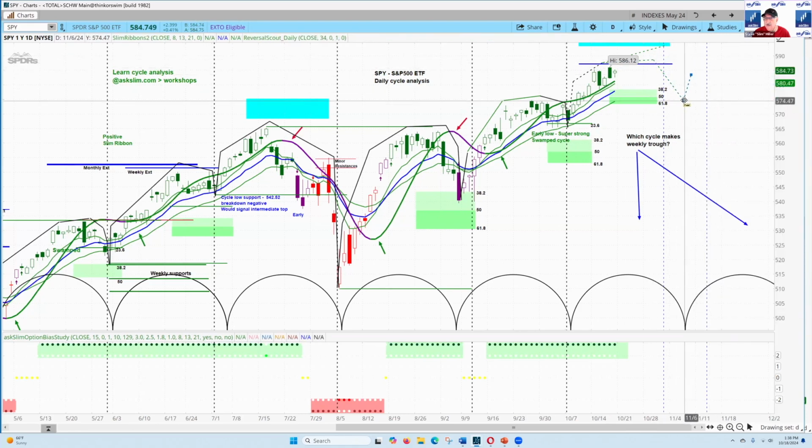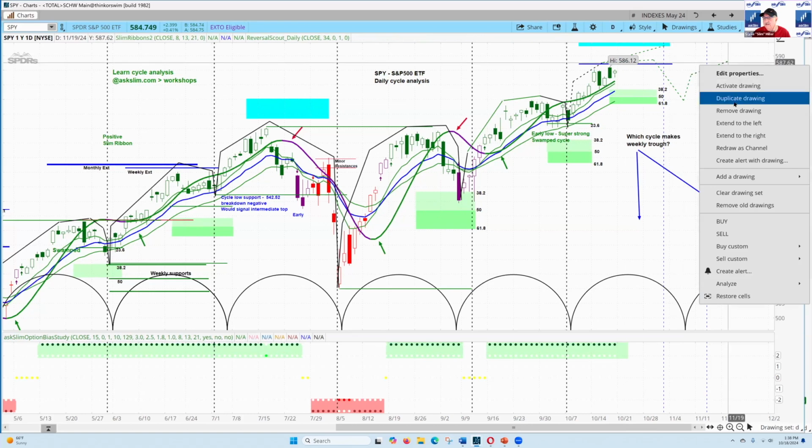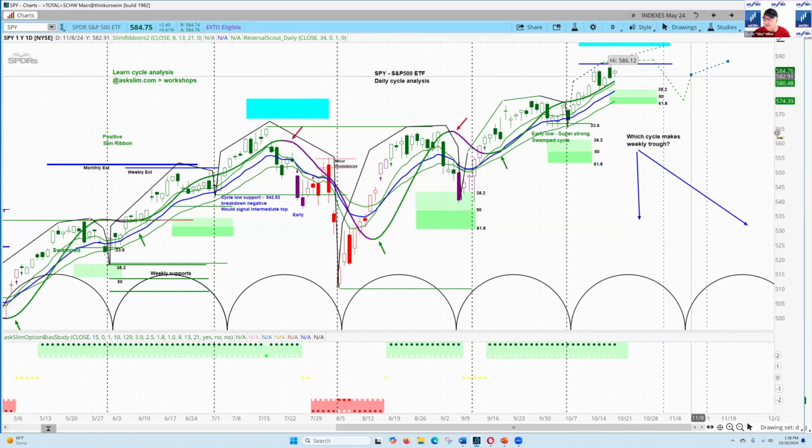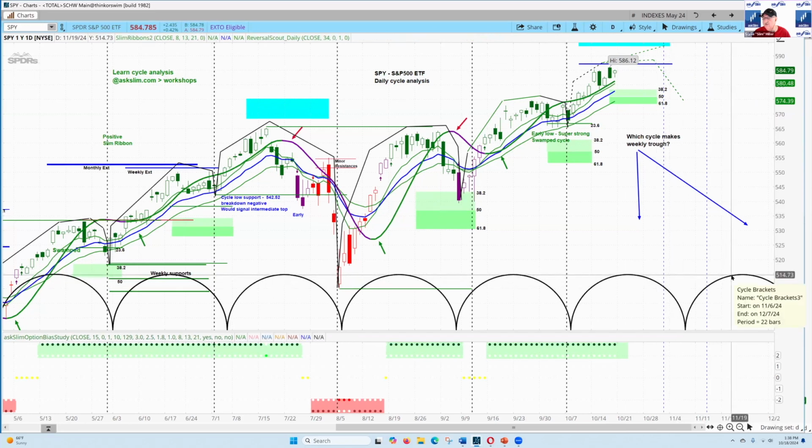It moves up right in here, and then this is your biggest decline right in here into that December timeframe. So that's the way I would project it right now, though there is still a possibility that the big downside move comes in this period in November. I don't know which of these will end up to give you the trough, but I still think that's coming out there in the November-December period.